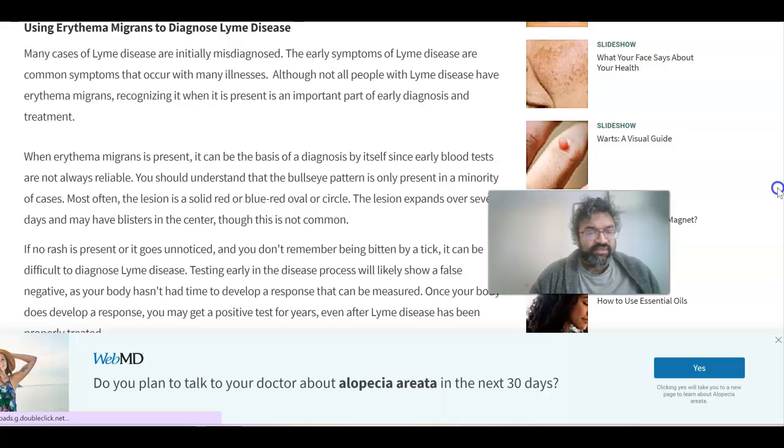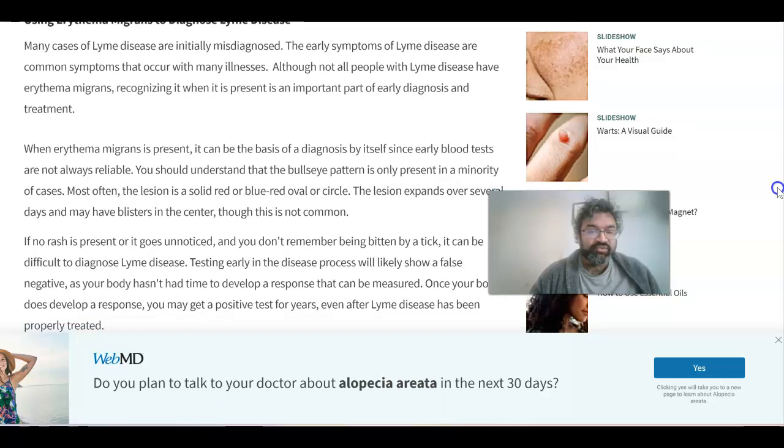All you need to diagnose Lyme disease is that Erythema migrans. That can be the basis of a diagnosis, since the early blood tests are not very reliable. You should understand that the bullseye pattern is only present in the minority of cases.